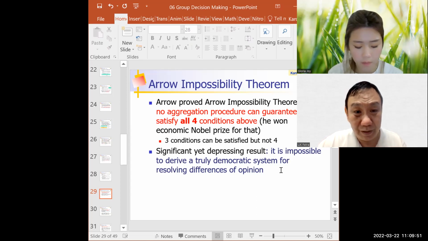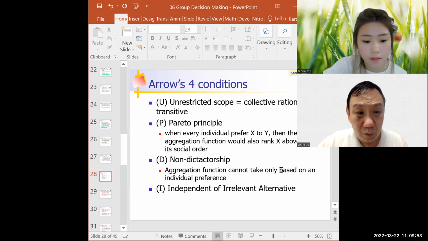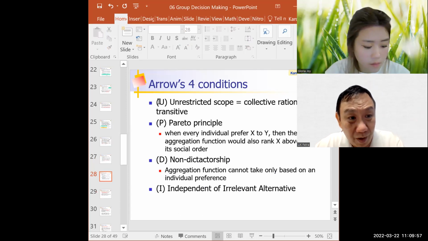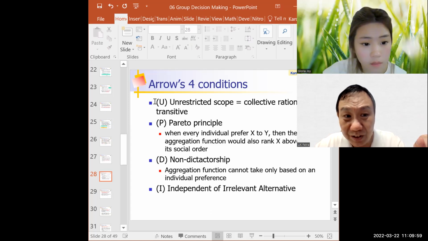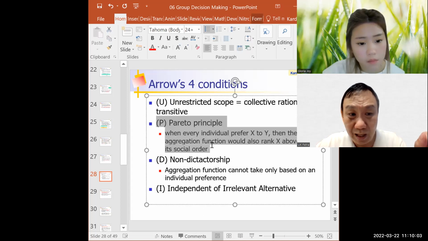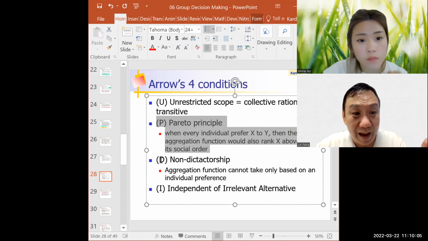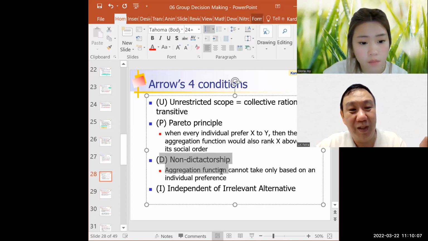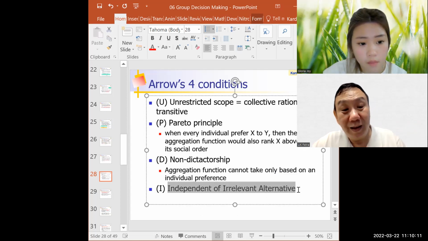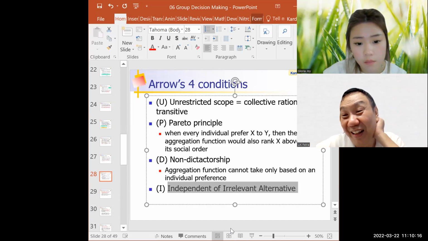That's the interpretation. In detail, if you have an aggregation function that is transitive, Pareto, and non-dictatorship, democratic, then it must not be independent of irrelevant alternatives. Three is okay, but four is not.